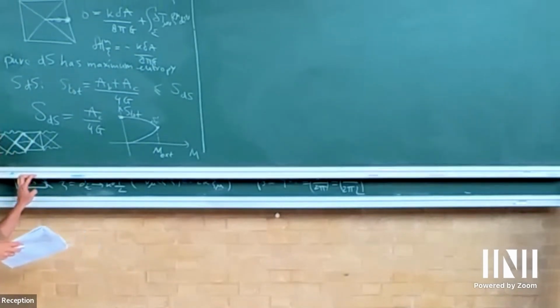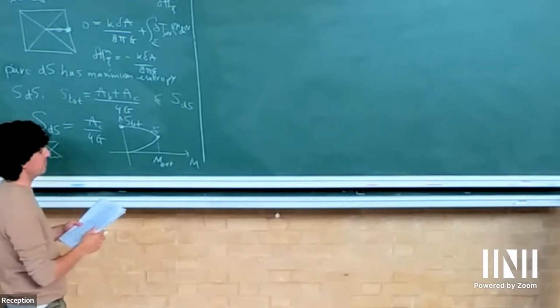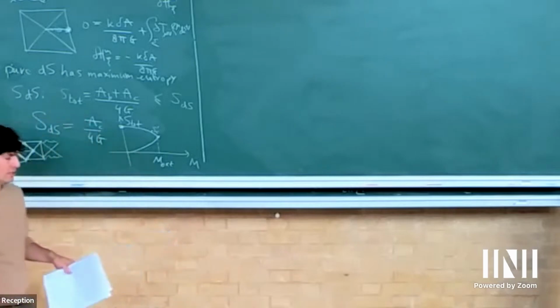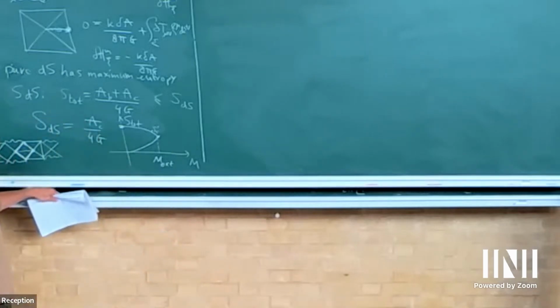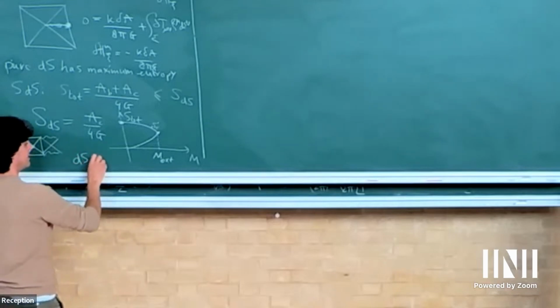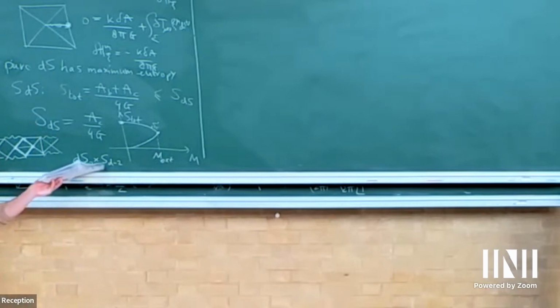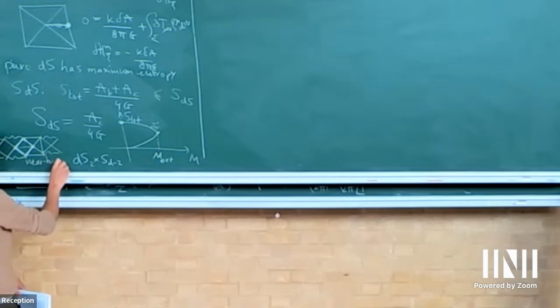Sometimes that's referred to as a Nariai black hole, although that's a bit of a misnomer, because the Nariai geometry is dS2 cross S2, which you get in the near horizon limit.